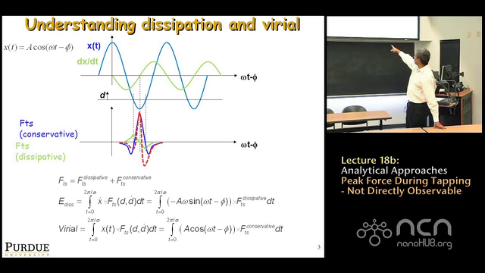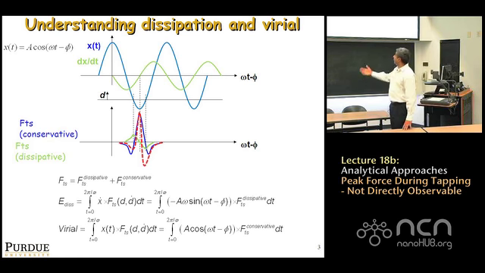So when you multiply it with the interaction force, the only product that survives the integral as non-zero is when you multiply it with a symmetric part, symmetric with symmetric. And so what you're left with is just the conservative interaction forces, which is why the varial gives you information only about the conservative interaction forces.